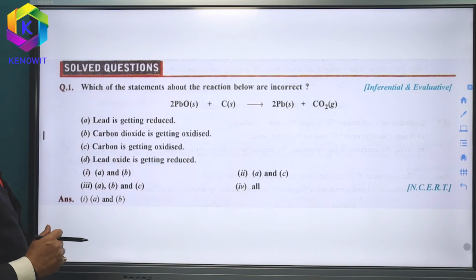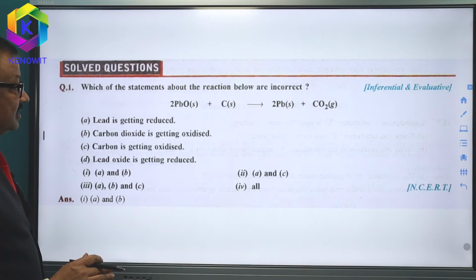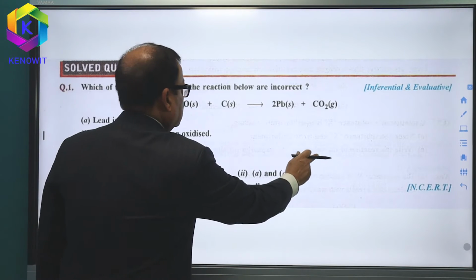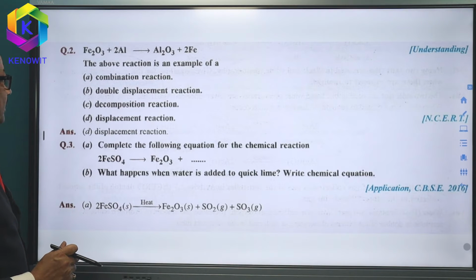Then which of the statements about the reaction below are incorrect? So in this case, these are the questions. Please solve all questions of this type. These are NCERT based questions. Another question: is this a combination reaction, double displacement, decomposition or displacement? So basically this is the displacement reaction.